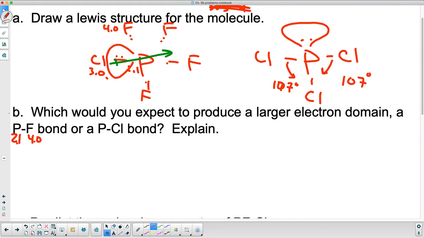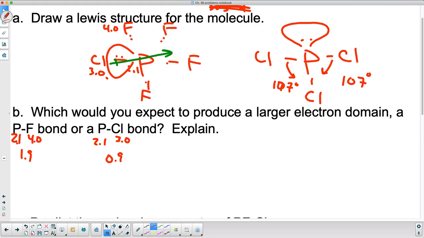Okay, so I got my paper. 2.1 for phosphorus, 4.0 for fluorine gives me a 1.9. That's a really polar bond, almost ionic. But 2.1 for phosphorus, 3.0 for Cl, that's a 0.9. So that's still polar, but not nearly as much so.